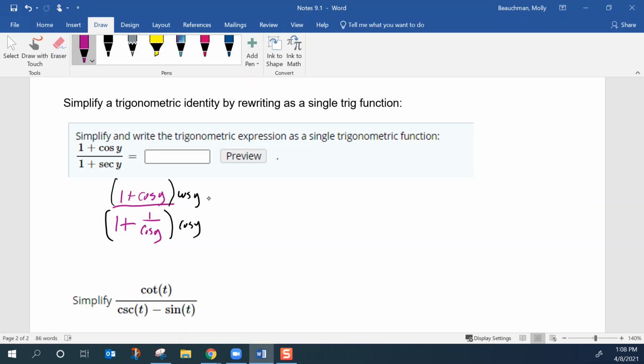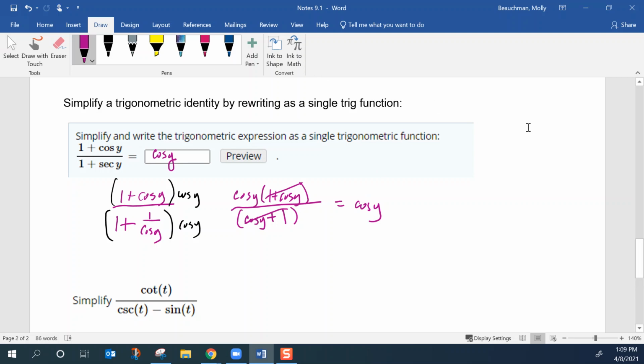In the numerator, I'm just going to leave it written as cosine y times 1 plus cosine y. And then in the denominator, I get 1 times cosine y is cosine y, plus 1 over the cosine times the cosine is 1. It ends up that the denominator can cancel with the numerator, and I'm left with the cosine y. So to write that as a single trig function would be cosine of y.